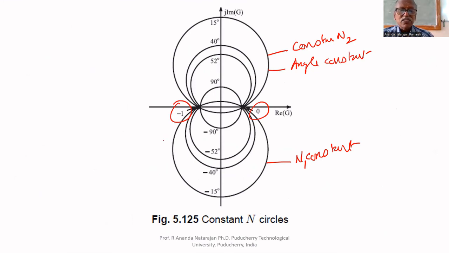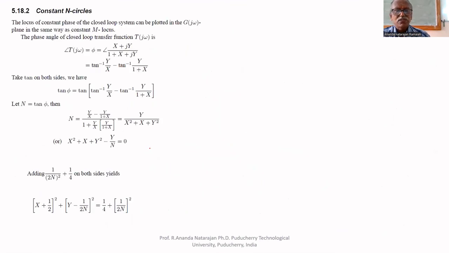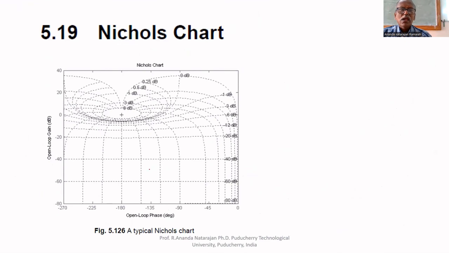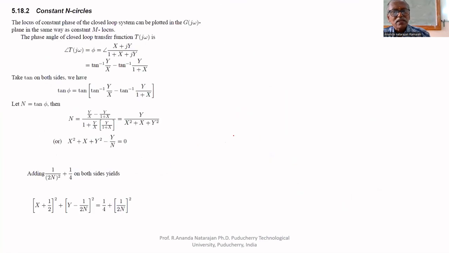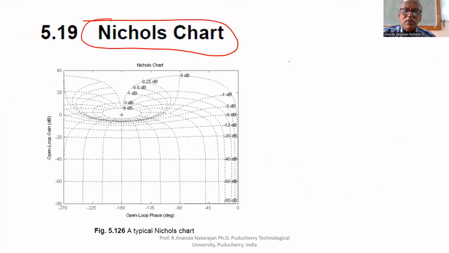These m and n circles are very useful to find the frequency domain specifications. That is called a Nichols chart. But once you get m and n circles, if you plot them on a decibel scale, here m is in linear scale.